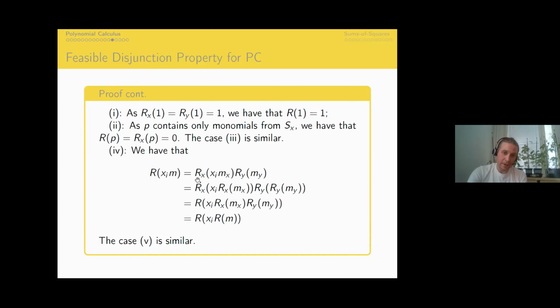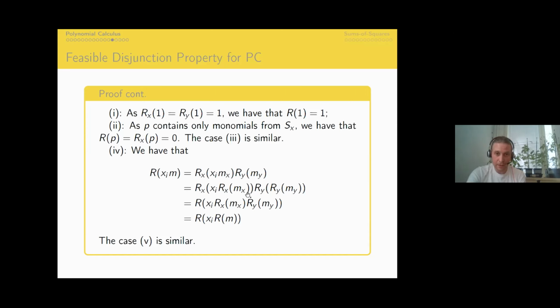Well, this R of X has this commutativity property, so this part becomes R of X of xi times R of X of mx.